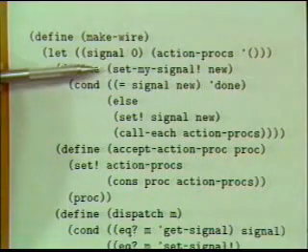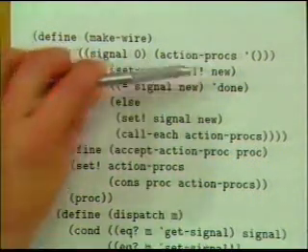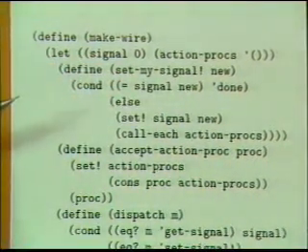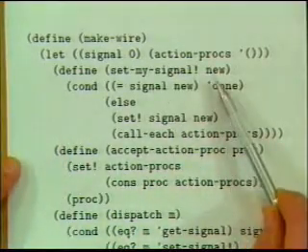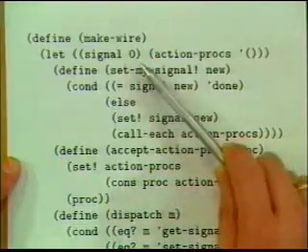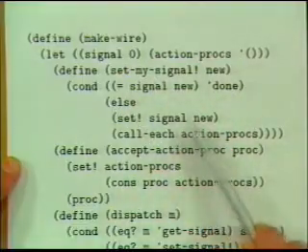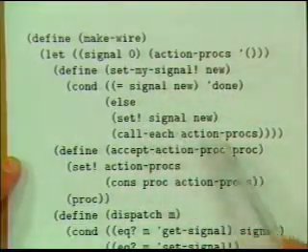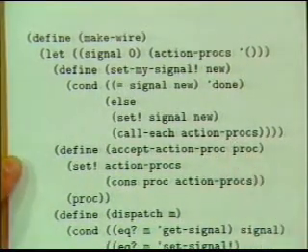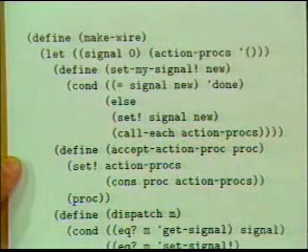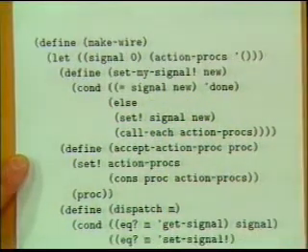One of them is called set my signal to a new value. And what that does is takes a new value in. If that's equal to my current value of my signal, I'm done. Otherwise, I set the signal to the new value and call each of the action procedures that I've been, what's the right word? That I've been introduced to.